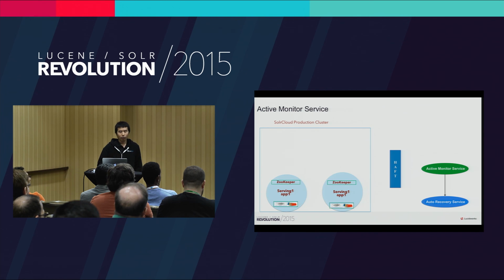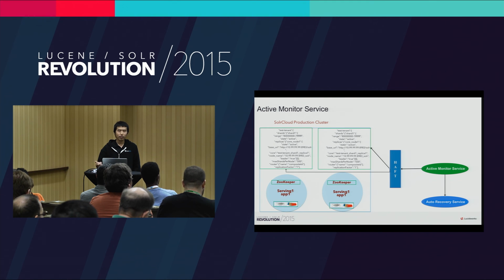And we also have cluster level monitoring because, as I mentioned, we have multiple data centers. We need to ensure that every data center in the same serving applications has the same index, same configs. So the active monitor basically uses the Hive API. It gets the Zookeeper configuration and talks to the Zookeeper, gets the Zookeeper's cluster state.